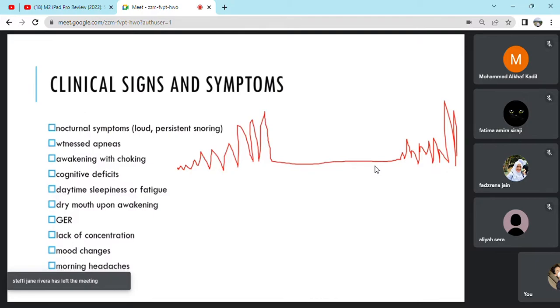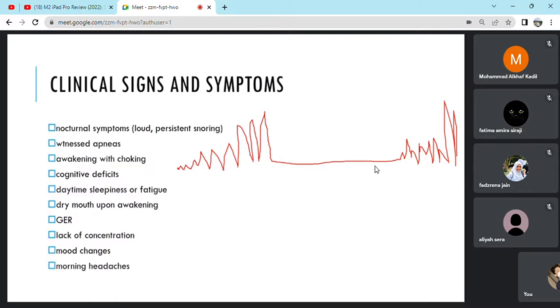So normal breathing pattern. And then eventually, you will have again presence of snoring. Habang papataas yung intensity and habang papataas yung loudness of the snore, that's the time that you will have now the next thing that you will see there, which is actually the choking events.